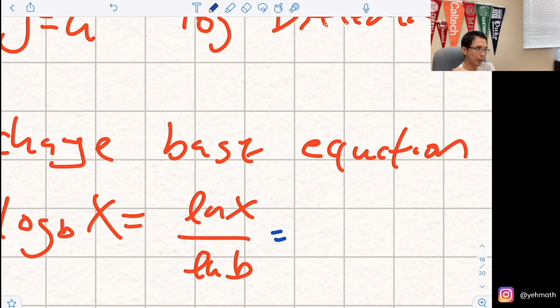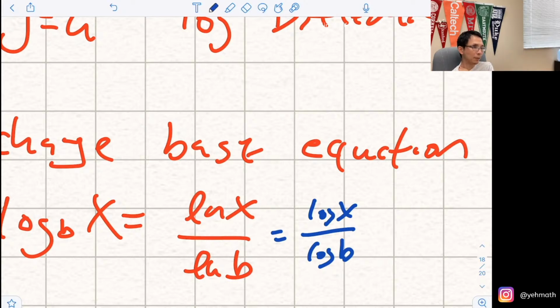There's another way, but I don't want to do log. You can type it in a calculator. Actually, pretty interesting: if you do natural log of 5 divided by natural log of 3, as opposed to log 5 over log 3, you're going to get the same answer. Yeah, they're the same idea. They're just different bases, but they're still exponential functions. They still work out.